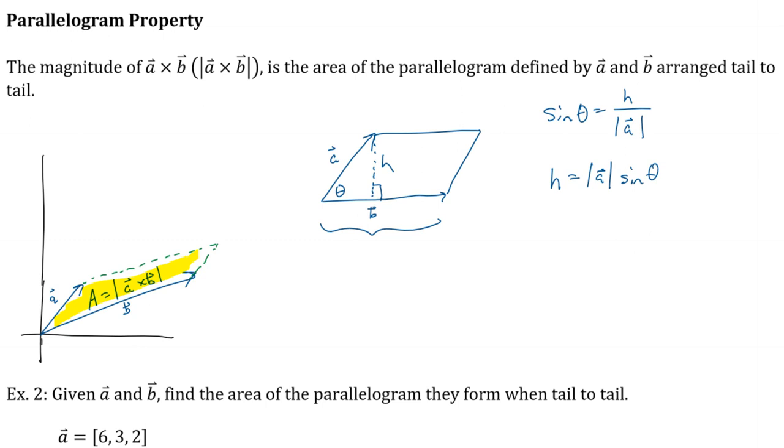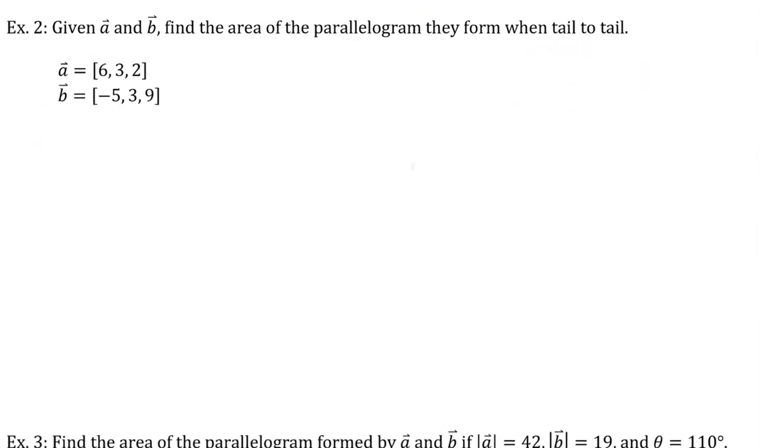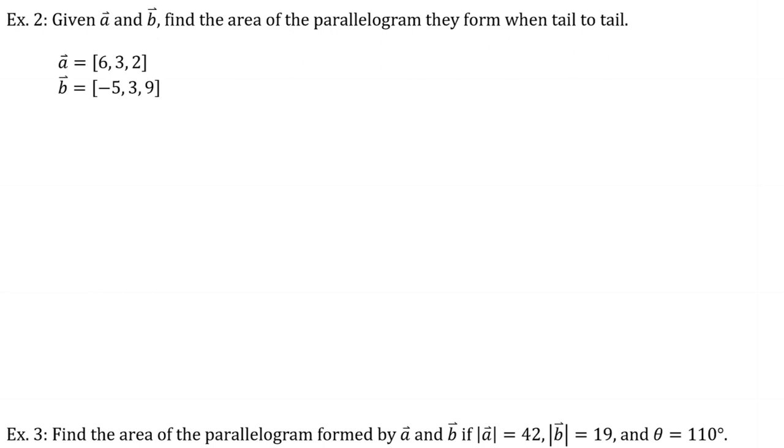But then the area is equal to the base, like I said, times the height, where the base is the magnitude of B. Right? So then you can see why this formula works. And I don't have the unit vector n in this case because it's area, so I just want the magnitude. So we don't need the n in this case, okay? And so that's it. That's as straightforward as it gets. Parallelogram property, take the magnitude of the cross product, and you get the area of the parallelogram that's defined by those two vectors.